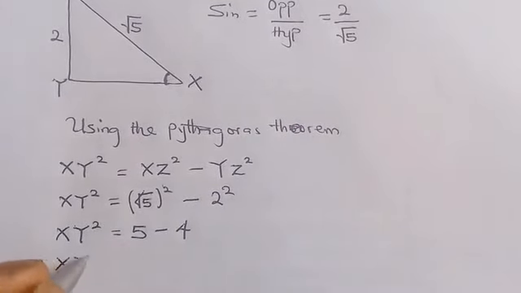That implies that xy squared is equal to 5 minus 4, which is 1.